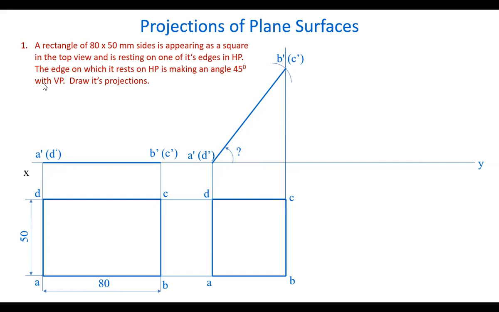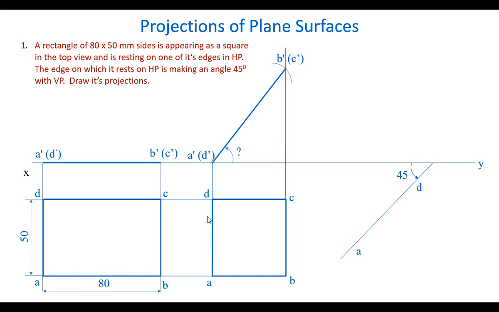Now, the edge on which it rests on HP, this AD edge is resting on the horizontal plane. So the AD edge is perpendicular to VP or parallel to HP. It is making an angle of 45 degrees with VP. So let's take a line here at 45 degrees. On this, we take the AD edge.